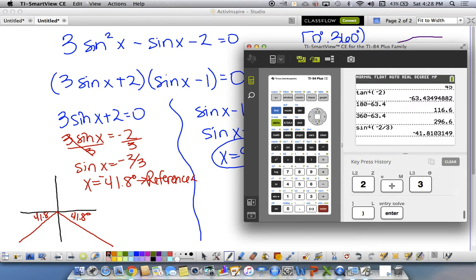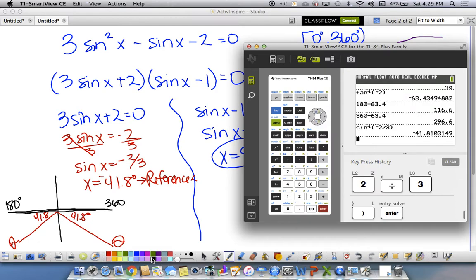Okay? So how do we get what this theta is and this theta is? Well, we have to remember still from the last example. Reference angles always go up to the x-axis, so 180 and 360 are very important.